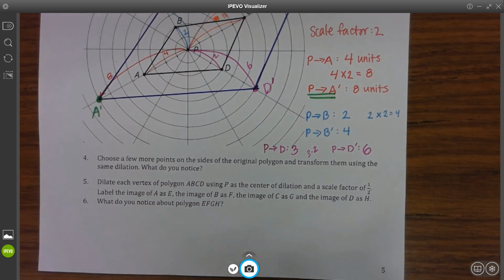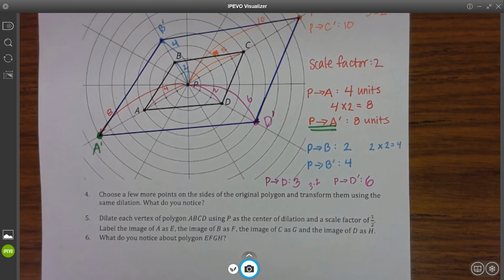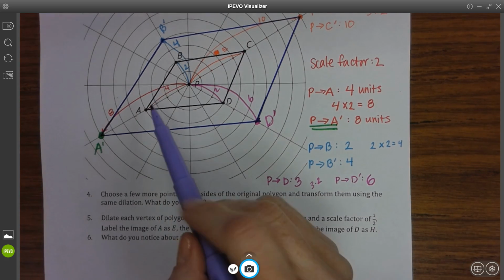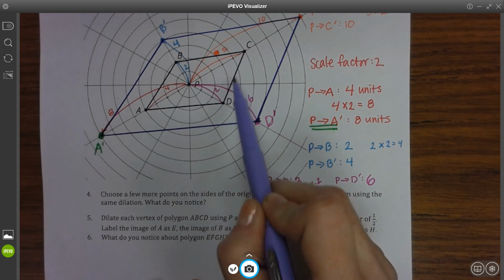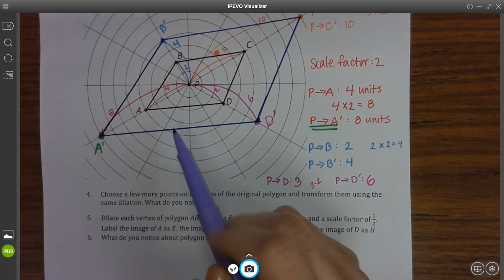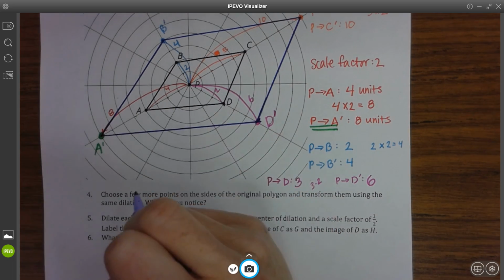All right, number 4. Choose a few more points on the sides of the original polygon and transform them using the same dilation. Okay, so here's what they mean. Remember, the points don't just have to be at the corners. The points can be anywhere.